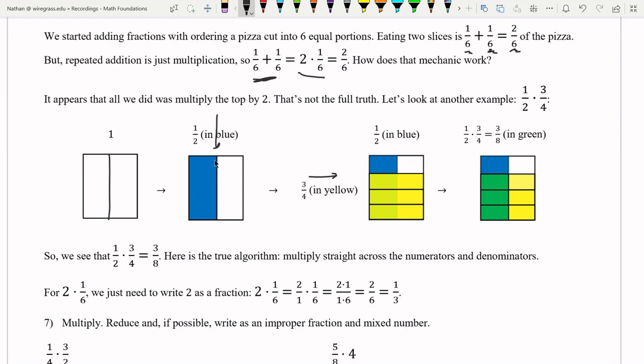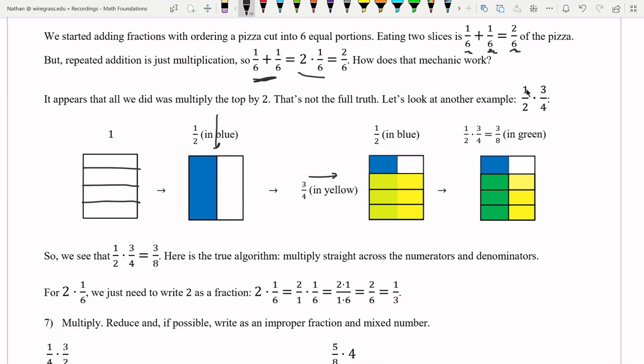So ignore the blue portion for a moment. If we cut this into fourths, it'll be here. Now we have equal fourth portions there. That's what you can see here. And 3/4 is going to be the 3 yellow, and 1 remains not shaded in yellow.